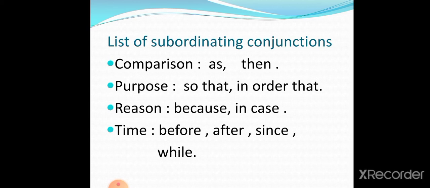When subordinate conjunctions introduce the purpose, the list used is that, so that, in order that. When subordinate conjunctions tell the reason, we use because or in case. When subordinate conjunctions tell us about the time, we use a subordinate conjunction such as before, after, since or while.